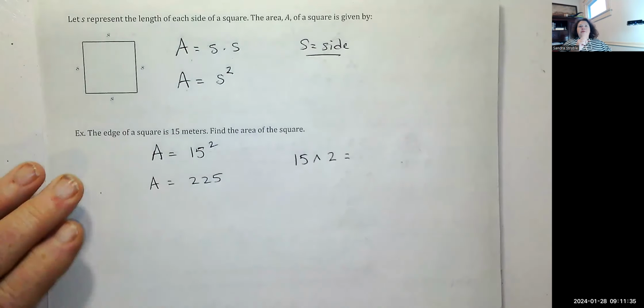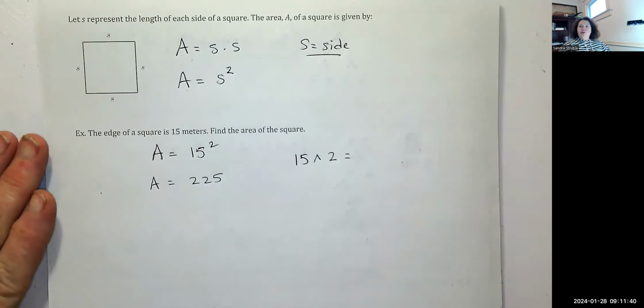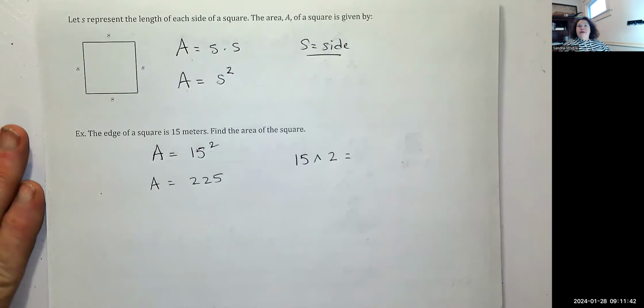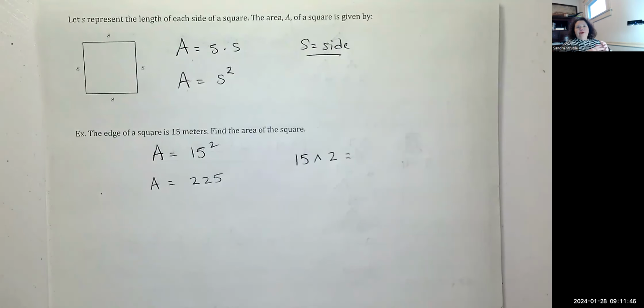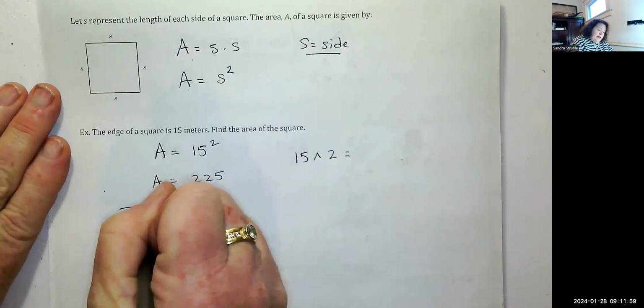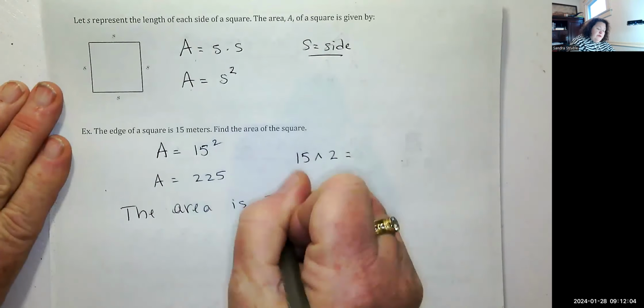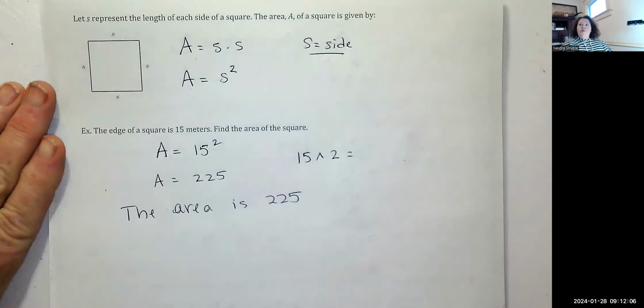Here's an issue. You've been given a question. If you just tell me that A is equal to 225, that is not representing an answer to the question. Whenever you're given a question like this, anything that's not just numbers, if it's any kind of words involved, you need to give me a sentence for the answer. So in regards to this, I'm talking about the area of the square. The area is 225, but 225 what?